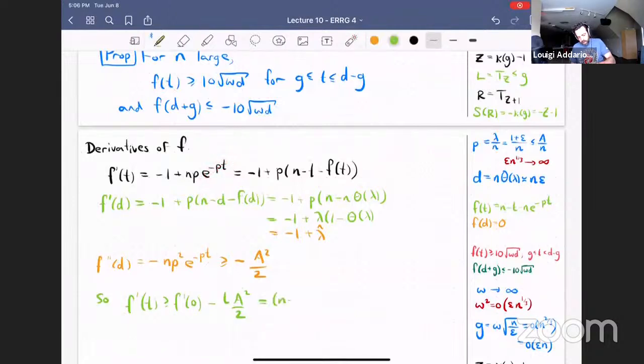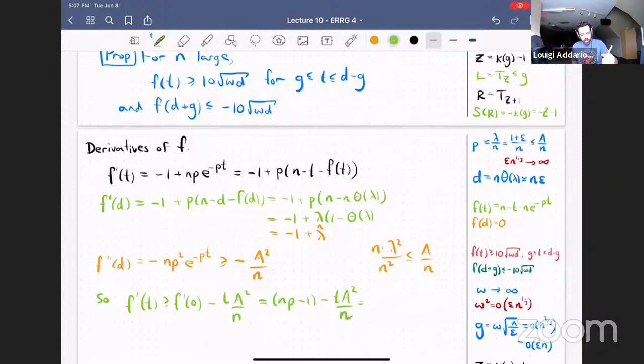So that's np minus 1 minus t a squared over 2, which I could write as, oh sorry, that 2 should be an n, because np squared is n times lambda squared over n squared, which is at most a over n. Sorry about that, those 2's should be n's. It's true with 2, but I think I need it to be an n.